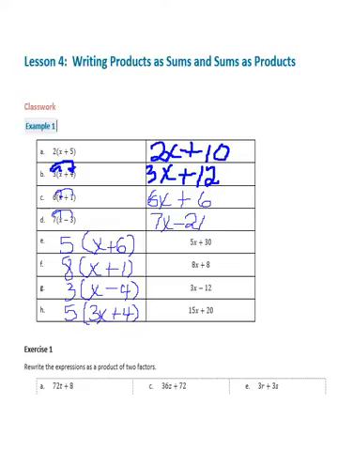Very good. Now let's go to exercise 1. Rewrite the expressions as a product of two factors. And again, we're just doing the same thing we did right here on E, F, G, and H. Okay. 72t plus 8. If I'm going to write that as a product of two factors, it's going to, like I said, look just like E, F, G, and H. So I need to find out what 72 and 8 have in common.